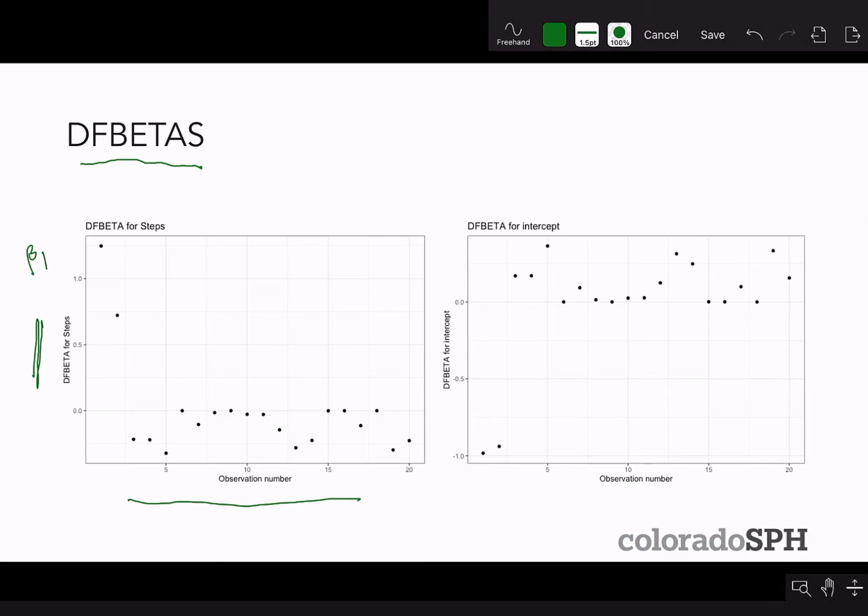Beta 1 changes quite a bit if the first or the second point is deleted, but not nearly as much if the rest of the points are deleted. Similarly, this is the DFBETA for beta 0, and beta 0 changes quite a bit if the first or the second point is deleted, but not as much otherwise. So this indicates that points 1 and 2 have higher leverage than the other points in the data set.